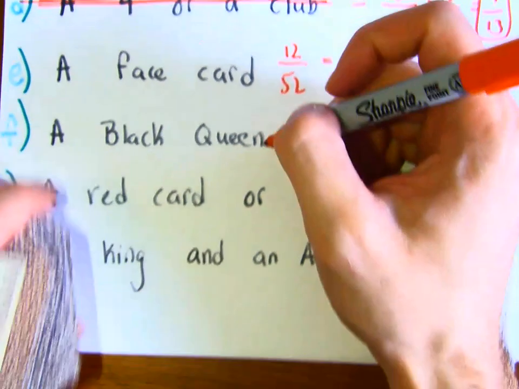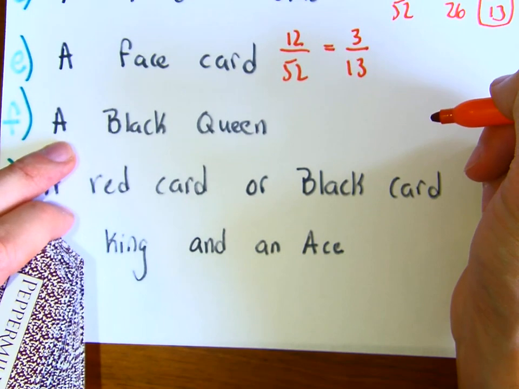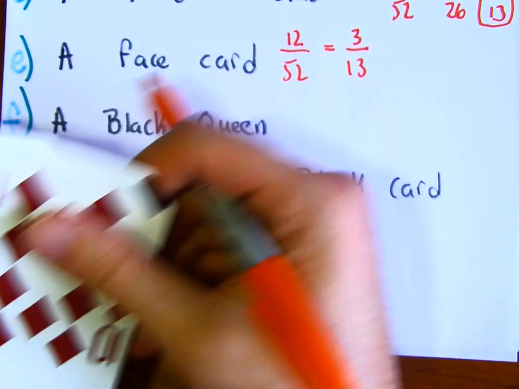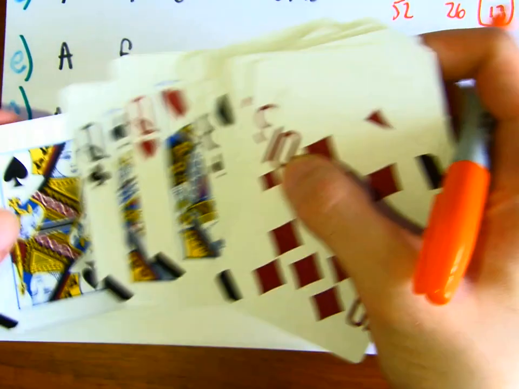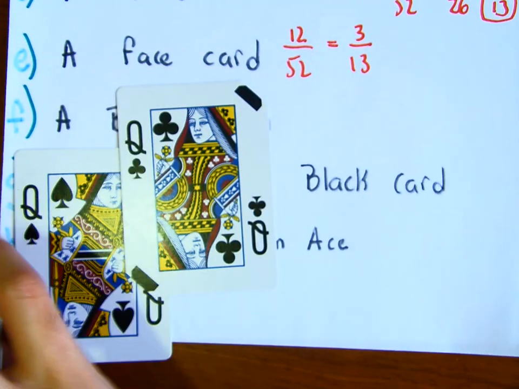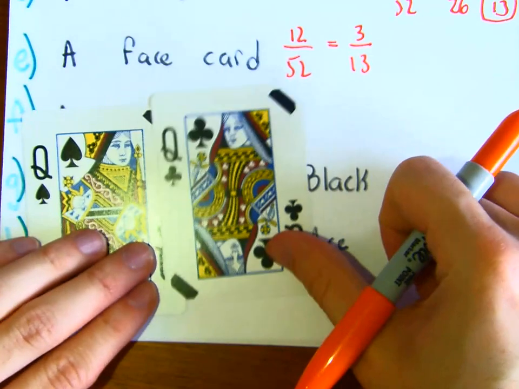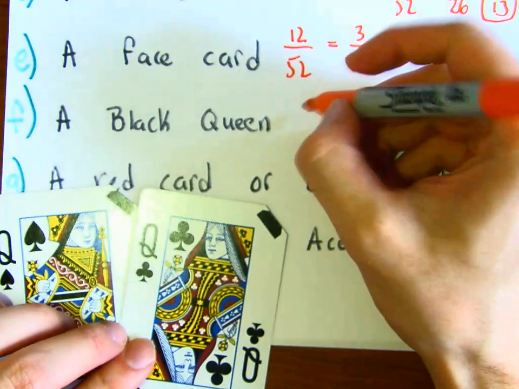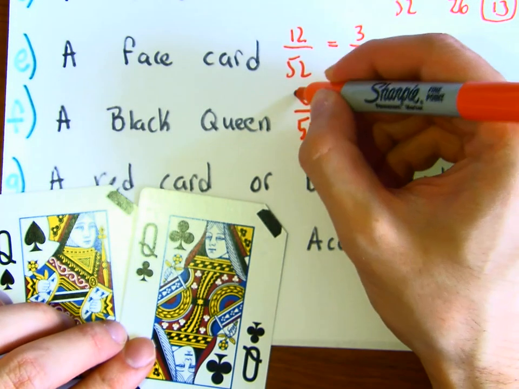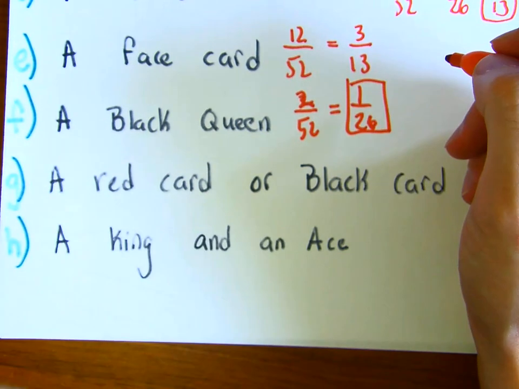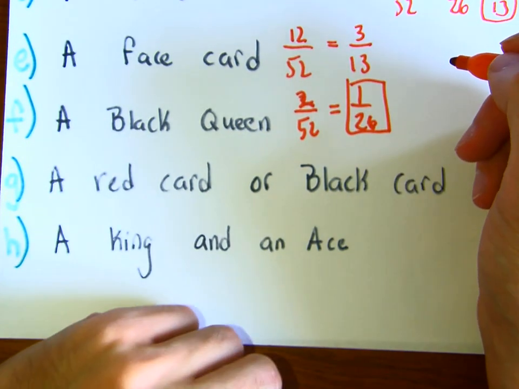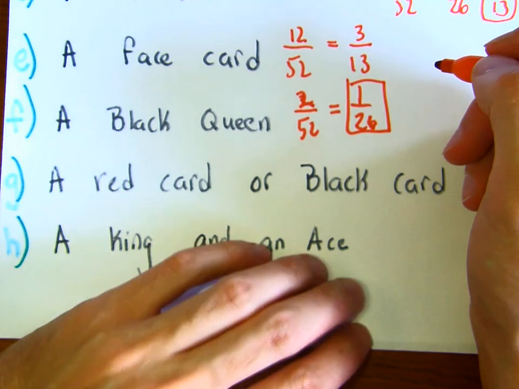Okay, a black queen. How many black queens are there? There are only 2 black queens. Okay, so this is 2 over 52, which is 1 over 26. All right, let's look at the next one. A red card or a black card.